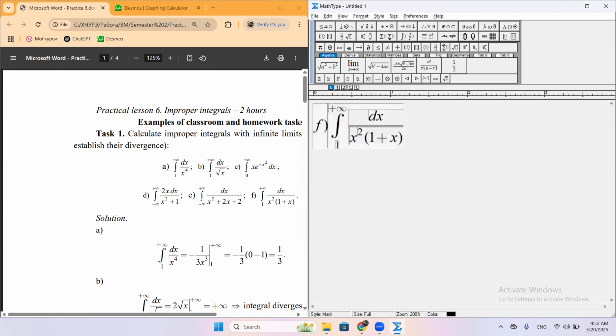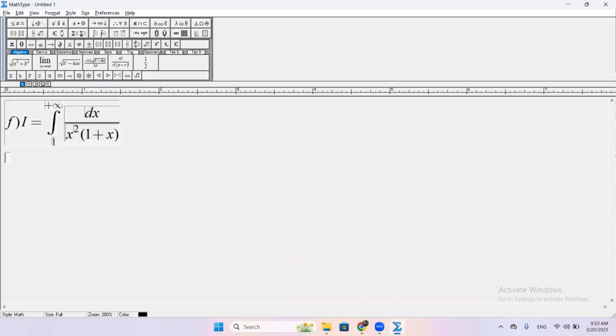And actually, here we have to use, first of all, the method of undetermined coefficients, to rewrite the integrand as a sum of simple fractions: a over x plus b over x squared plus c over 1 plus x.